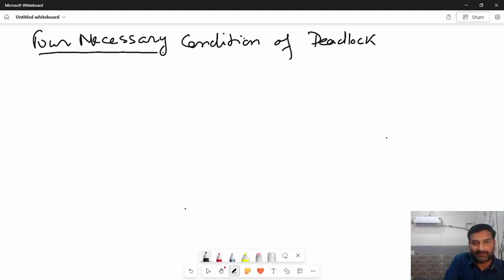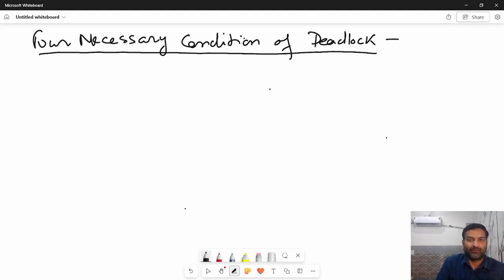To understand these four necessary conditions, we must first understand that when a process needs a resource, how it actually requests and what it actually does to get the resource and to execute itself.